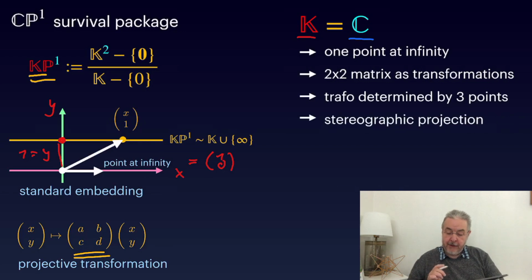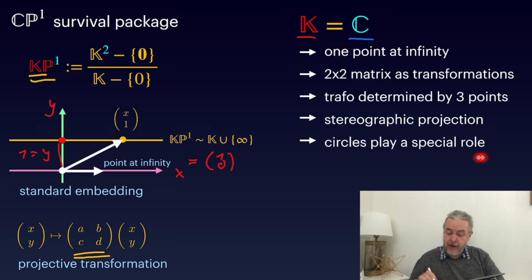Already in our last lectures, we got a glimpse of stereographic projection, and stereographic projection plays a major role when it comes to the complex projective line. We will see that. And circles play a very special role in the context of the complex projective line.